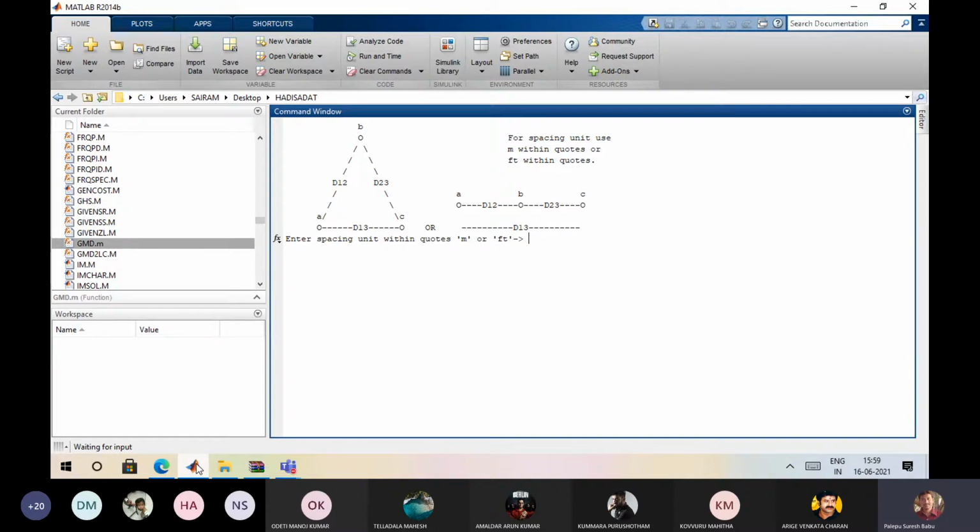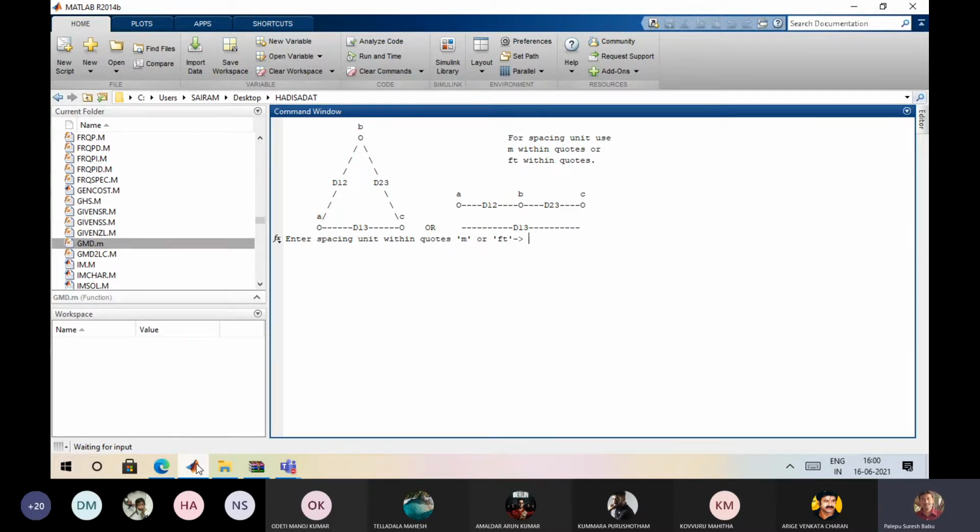Here we can enter the values in meter or feet. If you want to enter in meters, you select M, or if you want feet, you select FT.